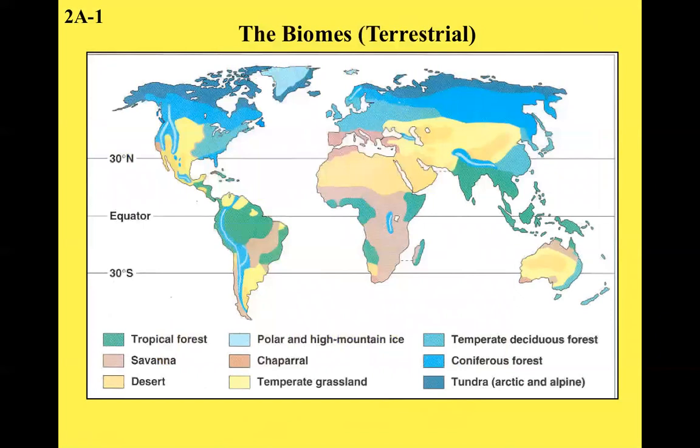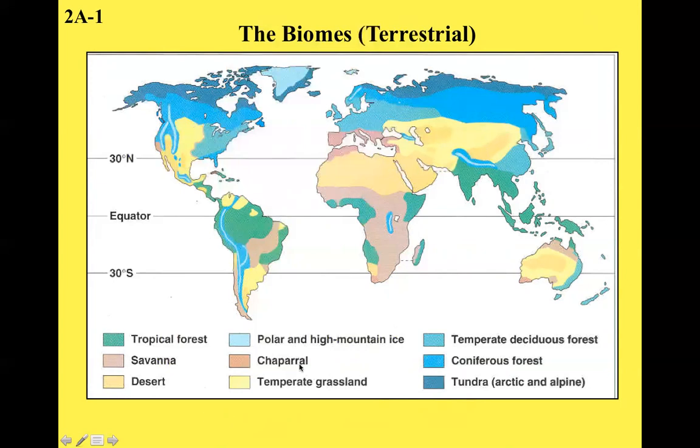This picture is showing us the terrestrial biomes. You can see we've already looked at the tropical forests in green along the equator. There's also a savanna, that's a type of biome. Savannas are in these brown areas. Deserts are in yellow, so we have the desert here, Siberian desert, desert in Australia.